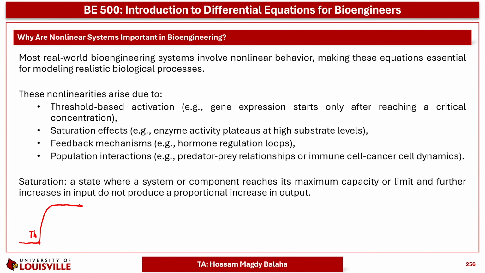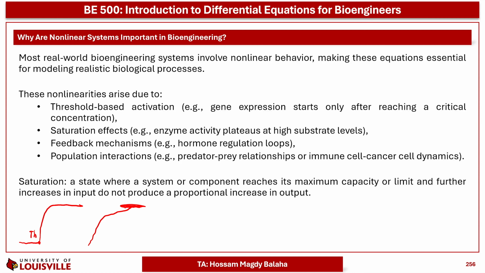Or you can find saturation effects, where you have a system that increases by time, until it reaches a certain maximum value or a specific limit, and you cannot increase after it, whether you're increasing or keeping the input. Feedback mechanisms, where you have a loop in your system to get a feedback from the output to the input to update it again, or population interactions, such as the dynamics between the immune cells, cancer cells, and there are many more.